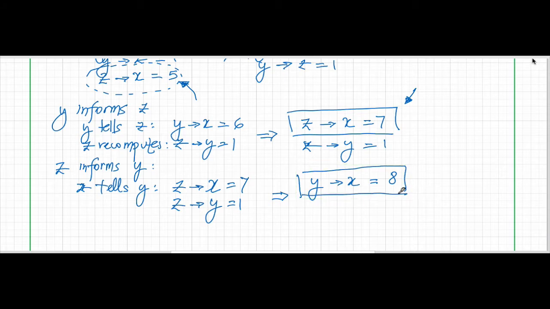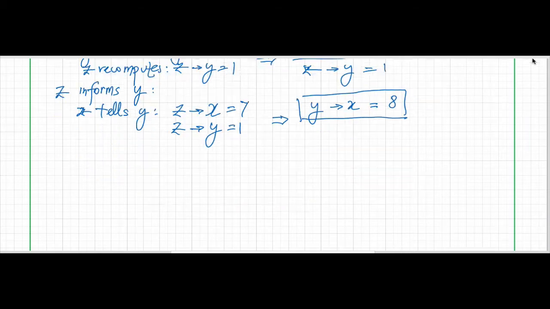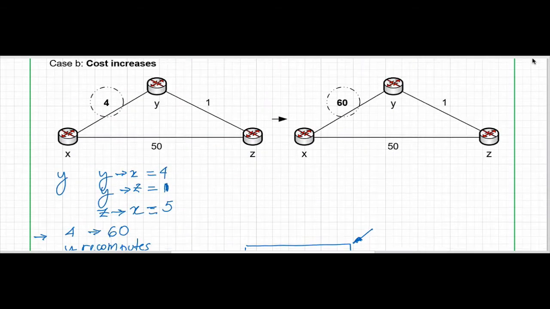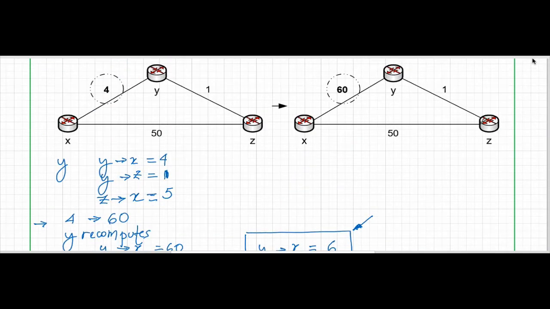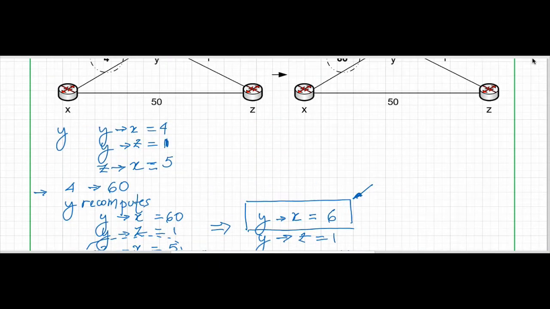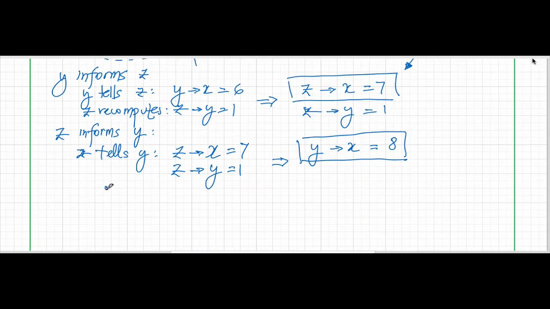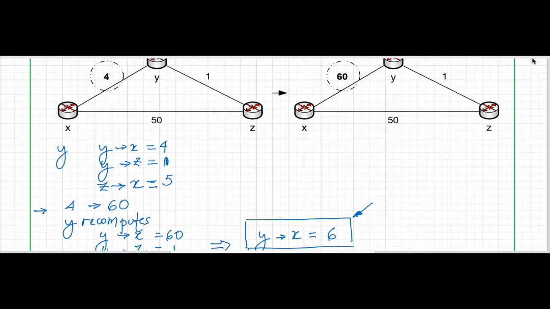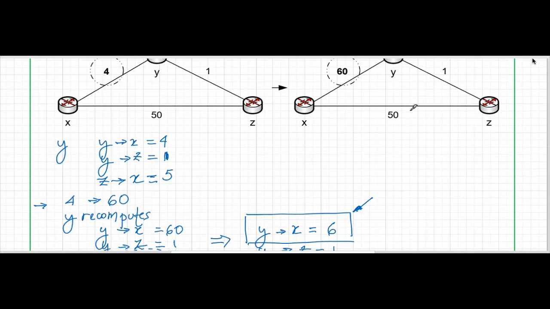And this will continue, and the costs that Y and Z believe they can reach X keep going up until Z actually sees that it's more expensive to go through Y than to go directly to C at a cost of 50.